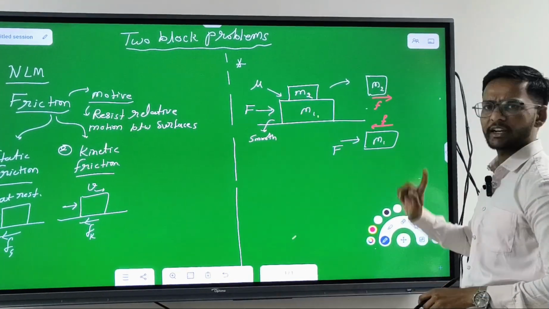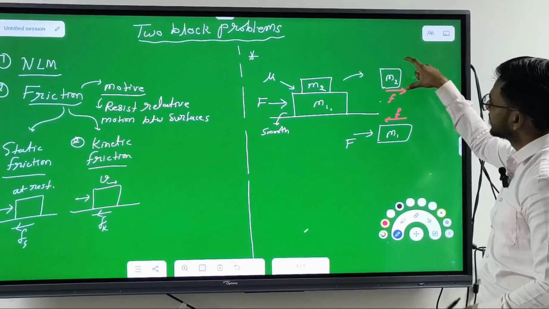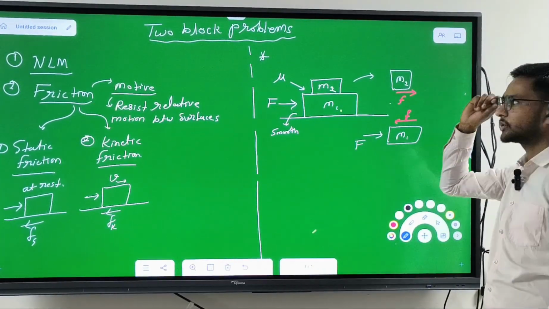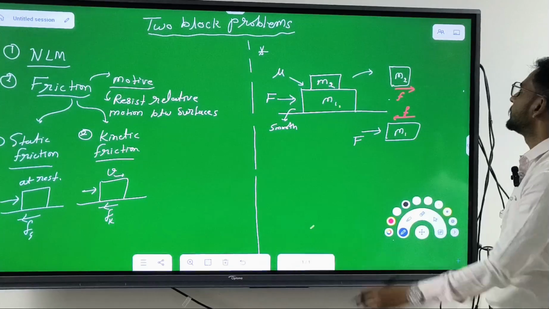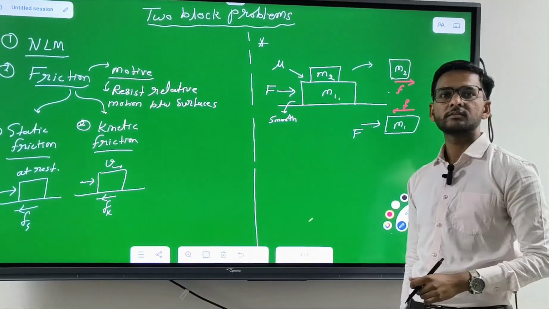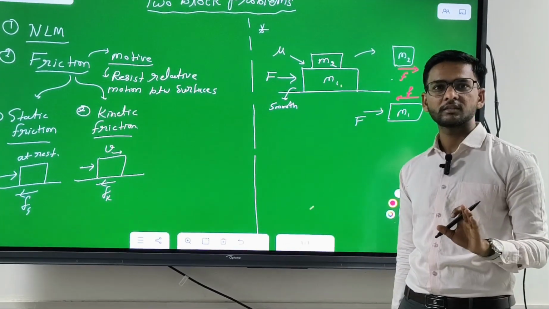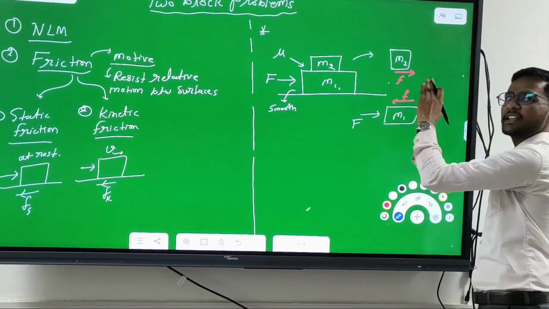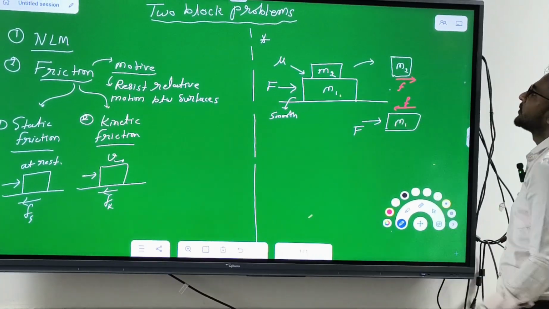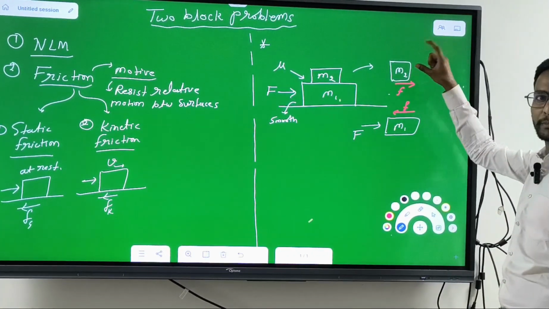So there are two forces acting on the M1 block. But for the M2 block, there is only one force, friction. Only friction is responsible for the moving of the M2 block.